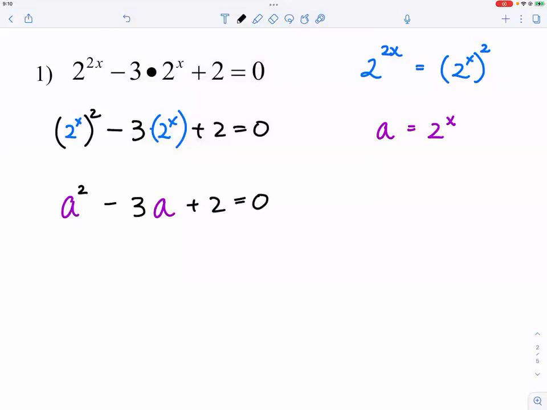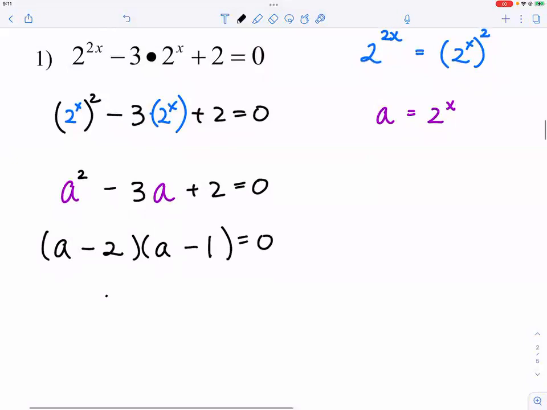And now, this looks like something more familiar, which we can factor into a minus 2 and a minus 1. Okay, and with that, we can say a is equal to 2 or a is equal to 1, but that's not it, because we're trying to find out what x is, not what a is.